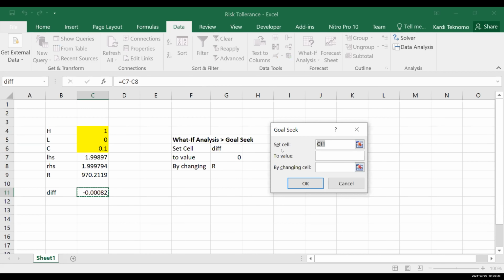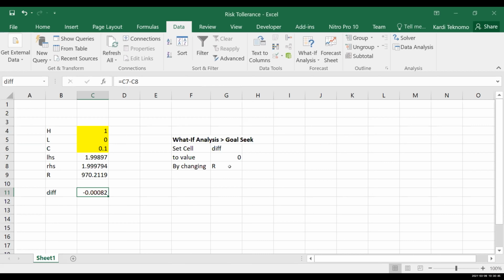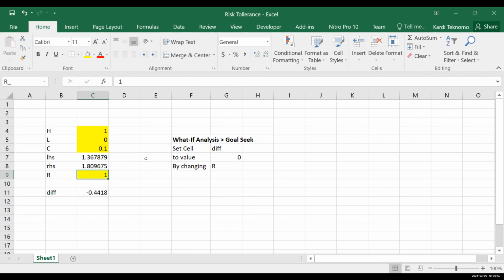So you want to set the cell of the difference to 0 by changing what? You will change the R. For example, the first time I put any number here for R. This is also yellow so that you will see.